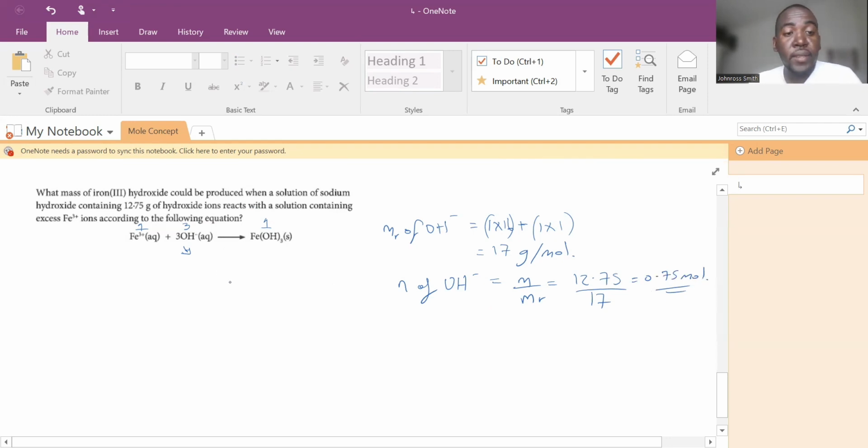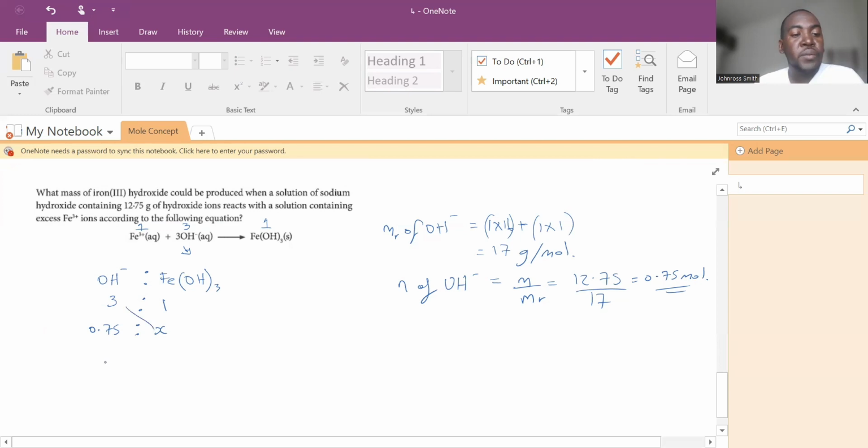Right? And then, again, we will link what we know to what we don't know. So what we know is for the hydroxide ion, and what we need to find is the mass of the iron hydroxide, which is Fe(OH)3. And from the equation, it was a mole ratio of 3 to 1. But in actual reality, this experiment used 0.75 of OH, and we need to find for Fe(OH)3.